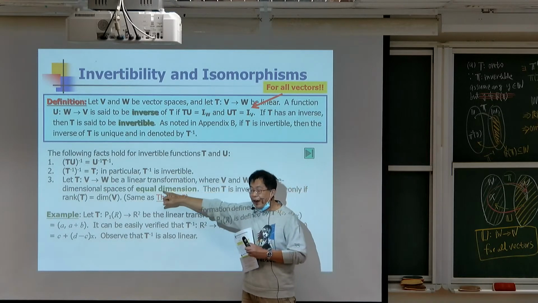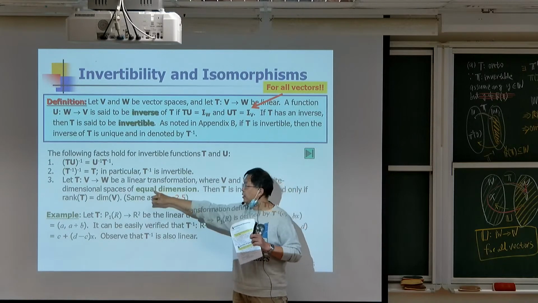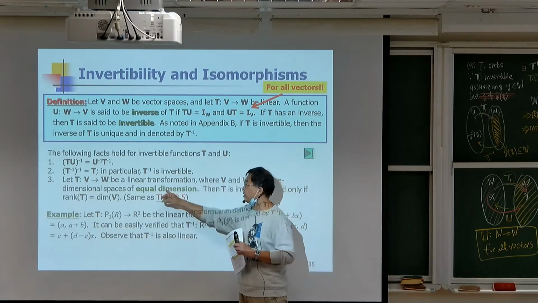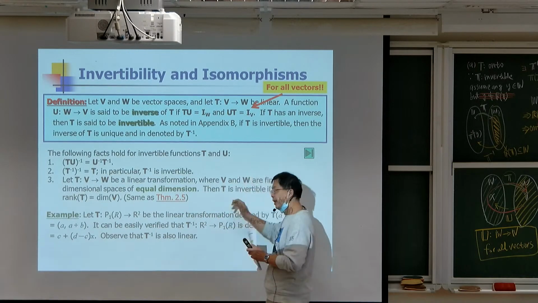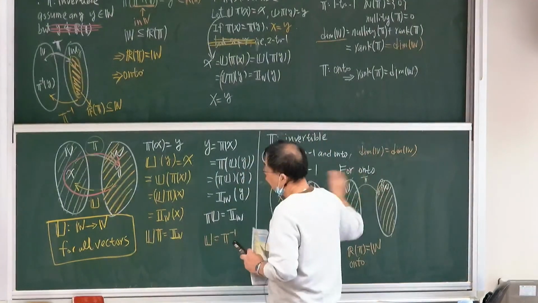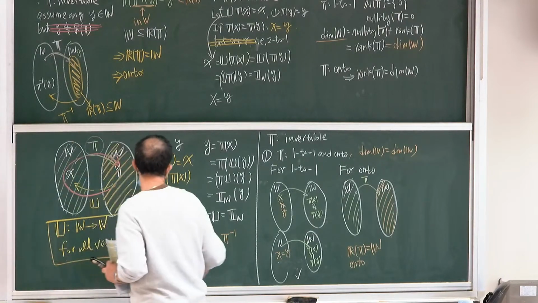It assumes the two vector spaces have the same dimension, but it's not proved. Here we prove it. So the two vector spaces should have the same dimension. Okay, that is the first fact.